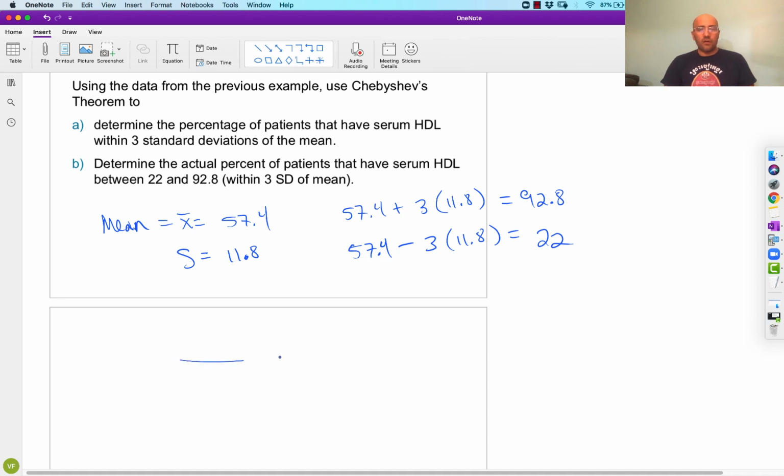Okay, so on that number line, here is the 57.4 in the center, and we want to go all the way out here to 22 and all the way up here to the 92.8. This represents within 3 standard deviations of the mean.